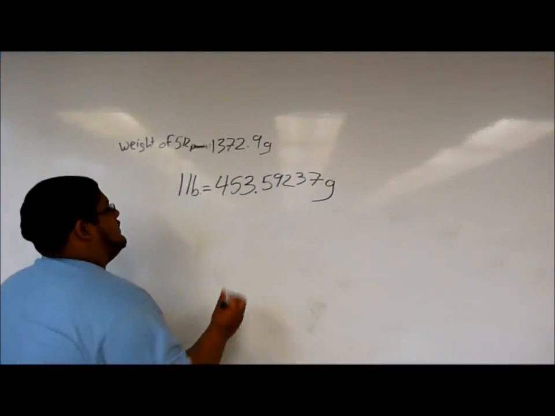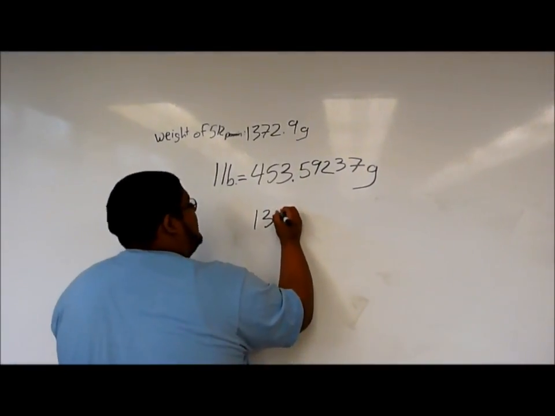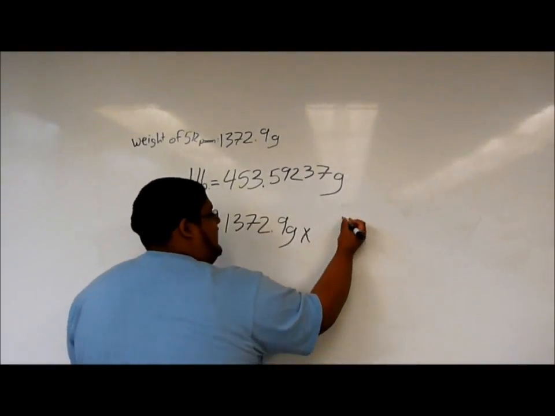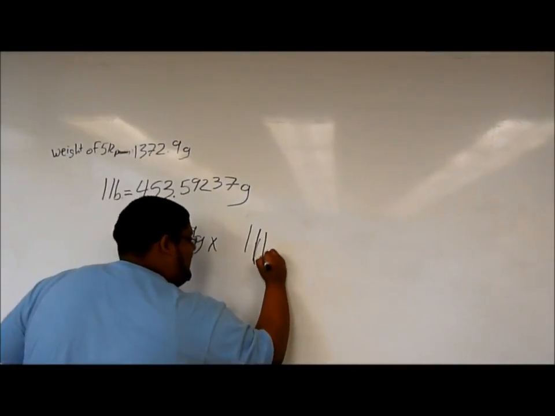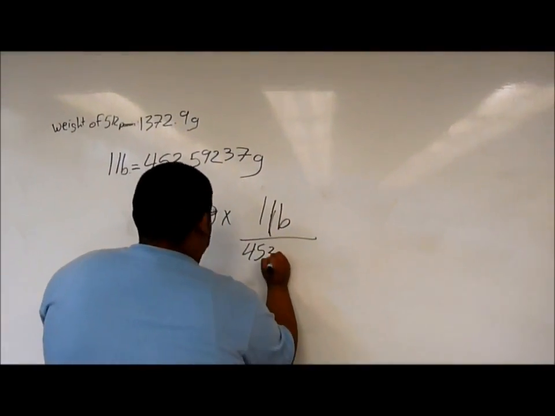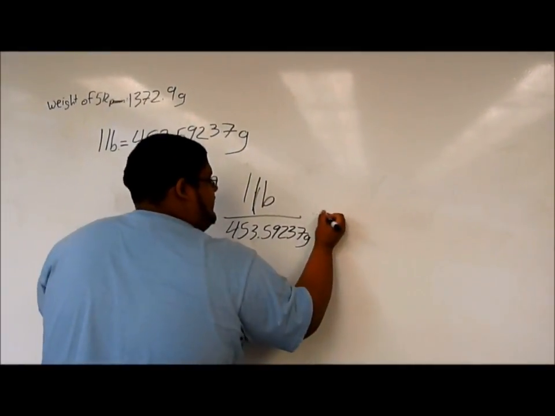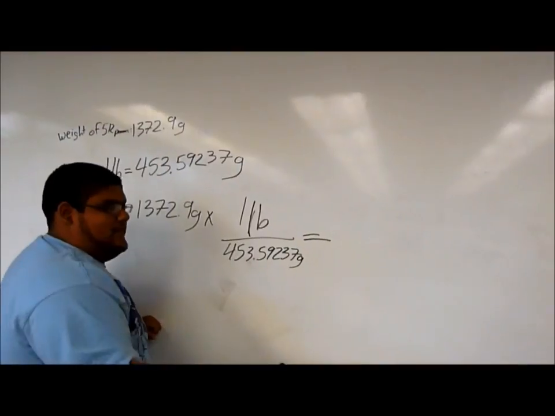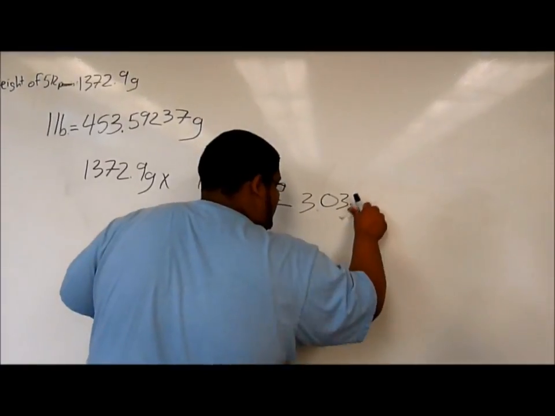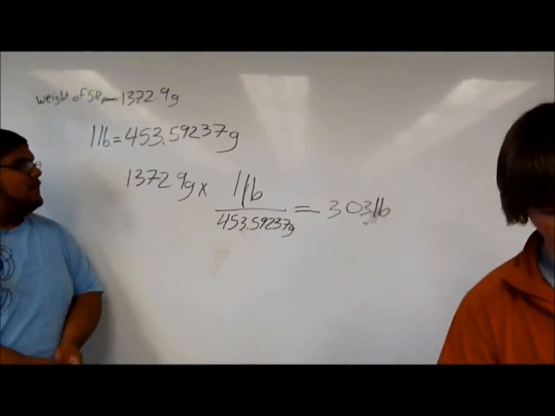We first take the original grams of the pennies, which is 1,372.9 grams, with the conversion factor of 1 pound equals 453.59237 grams, which equals 3.03 pounds. This is crucial for our next question.